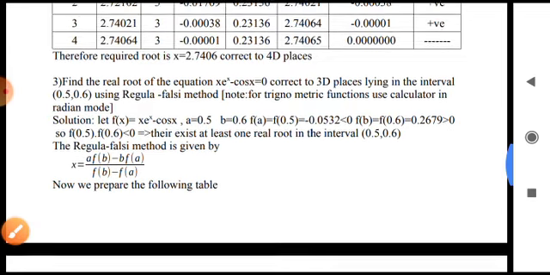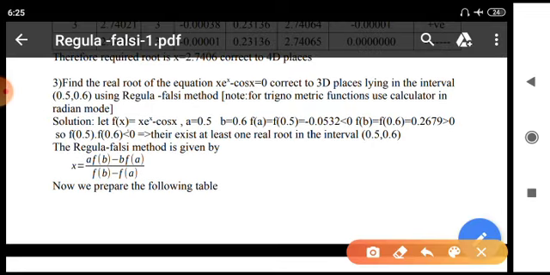Now we will write the given data. f of x is x e power x minus cos x. A is given as 0.5, B as 0.6. So f of 0.5 is -0.0532, which is less than 0. f of B, which is equal to f of 0.6, comes out to be 0.2679, which is greater than 0.